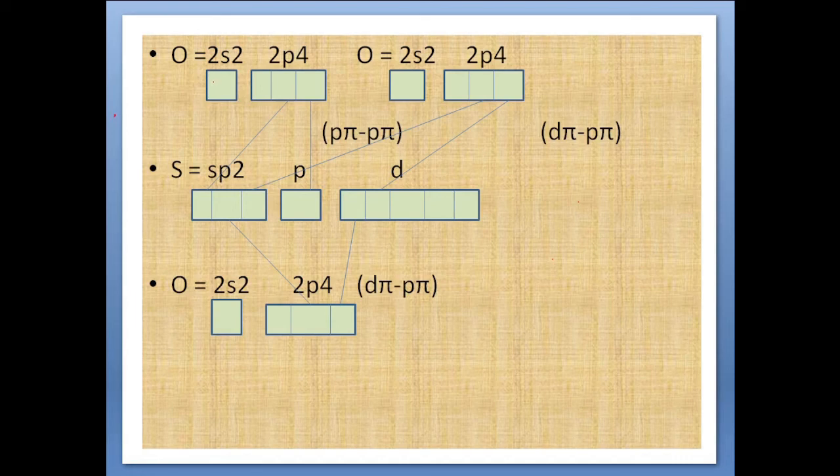Outermost electronic configuration is 2s2, 2p4, so 1, 2, 3 and then 4. Here is another oxygen atom, where I fill up the electrons 1, 2, 3 and then 4, and here is another oxygen atom, 2s2, 2p4.